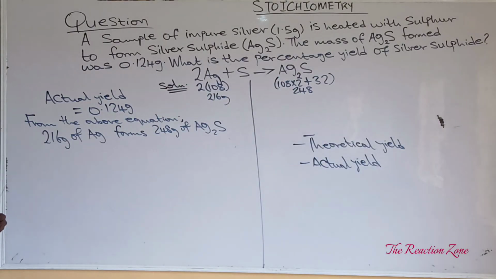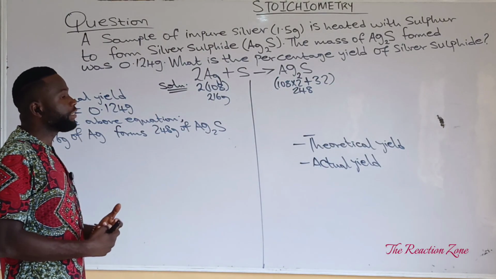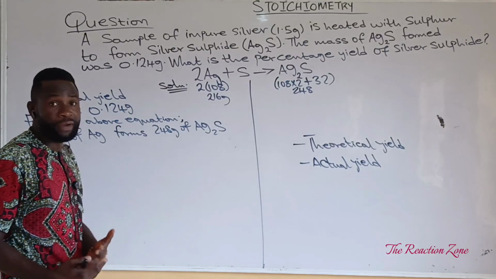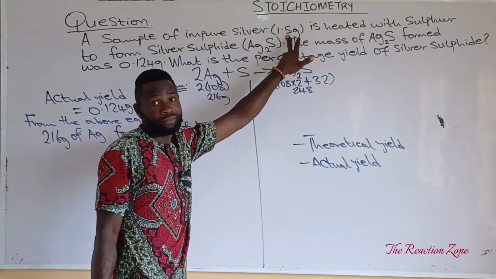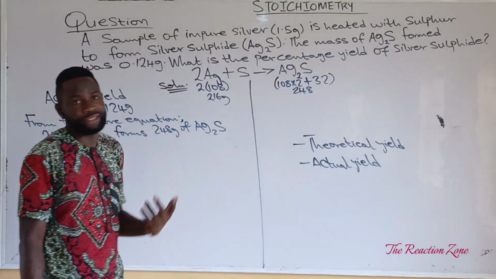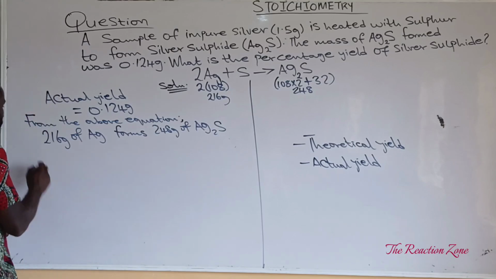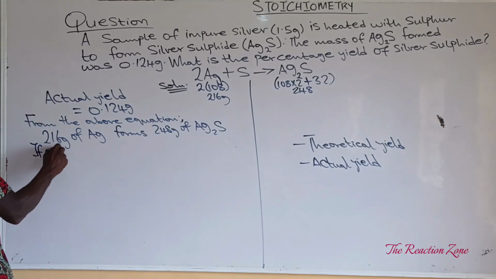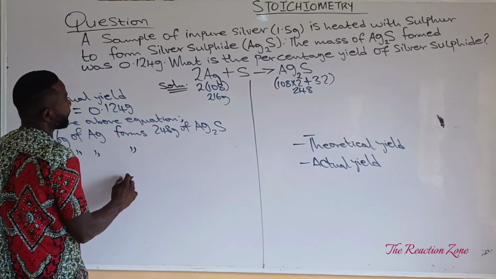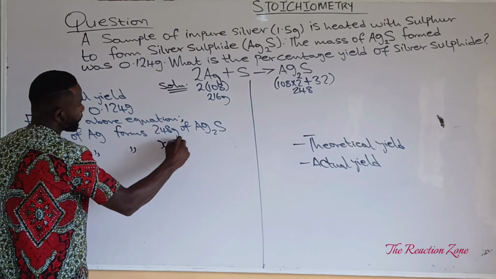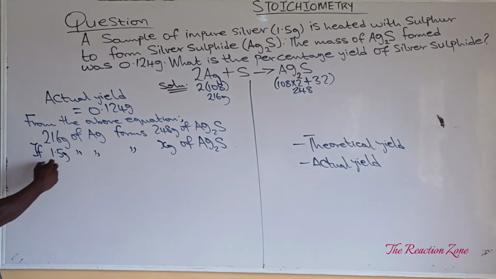So what we need to find using the balanced chemical equation is the mass of silver sulfide that will be formed from 1.5 grams of silver. And the value we get for this is our theoretical yield. So we'll say if 1.5 grams of silver forms X grams of silver sulfide, the next thing will be to cross multiply.